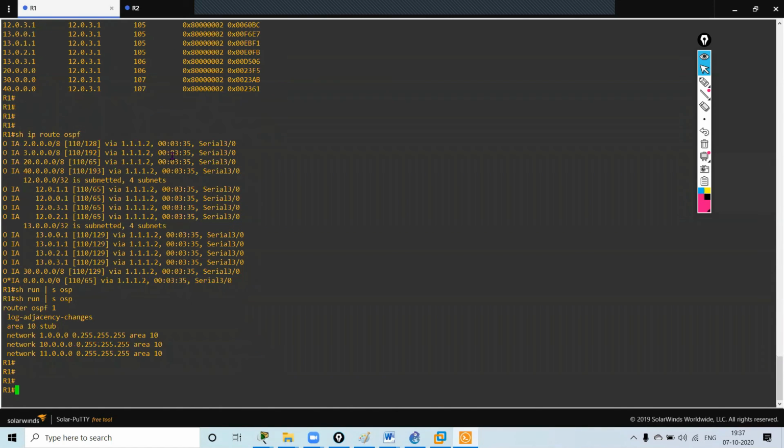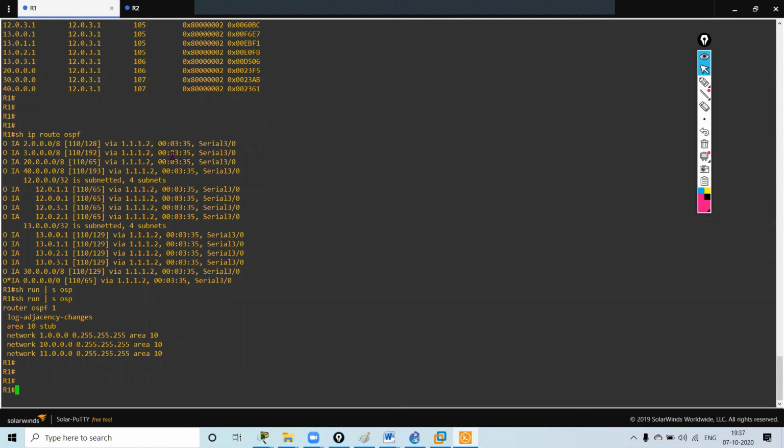So if I want to remove these LSA 3s also, then I need to run totally stub. Totally stub. Okay. If I want to configure area 10 to stop LSA 5, means R1 should not get LSA 5. It should not get LSA 4. It should not get LSA 3.